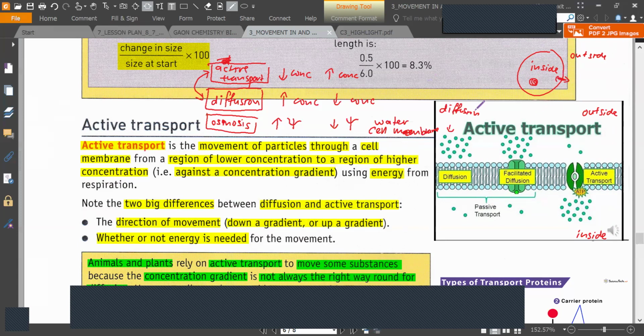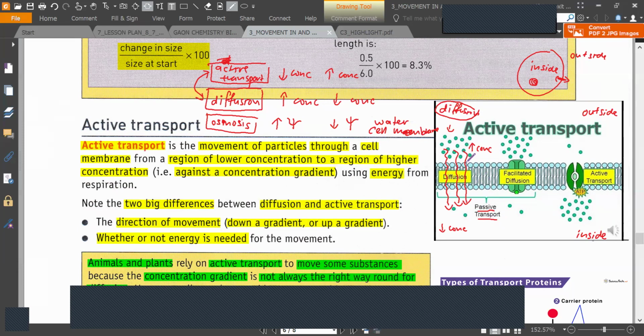If we look at diffusion, outside is high concentration, inside is low concentration. So naturally it will go inside. This is what we call passive transport. It's automatic. It will happen by itself.